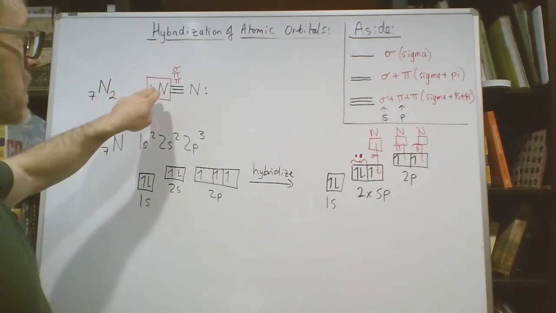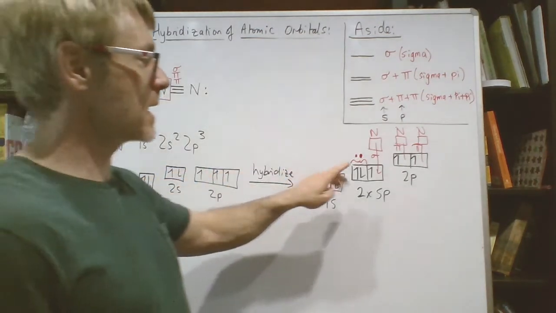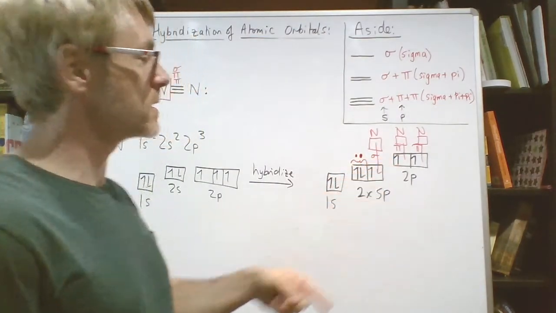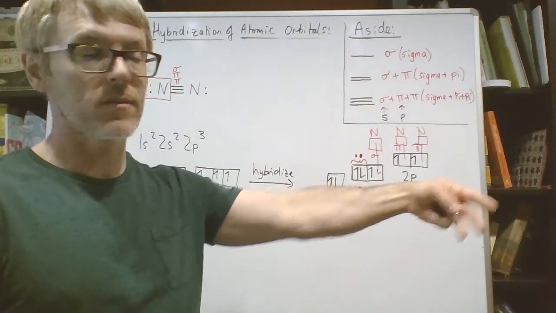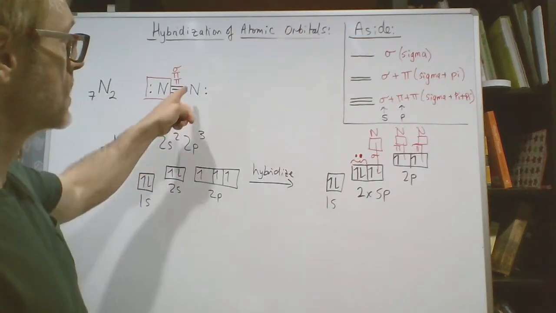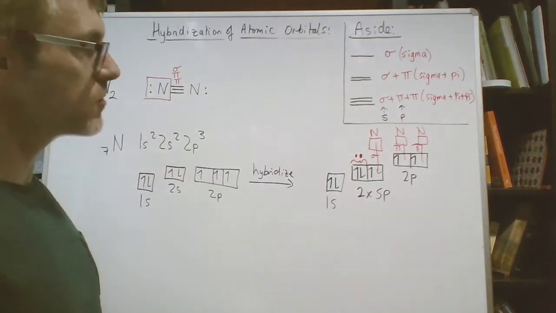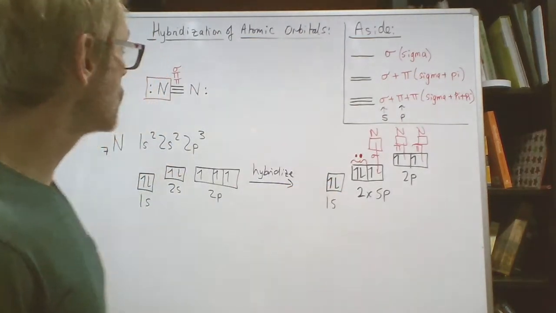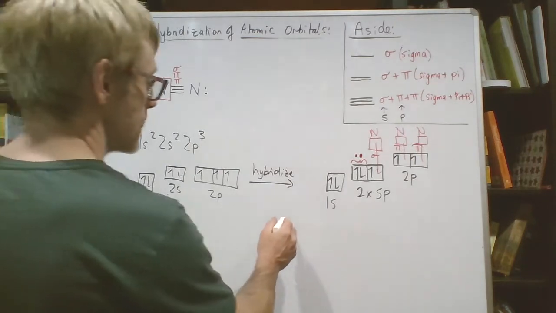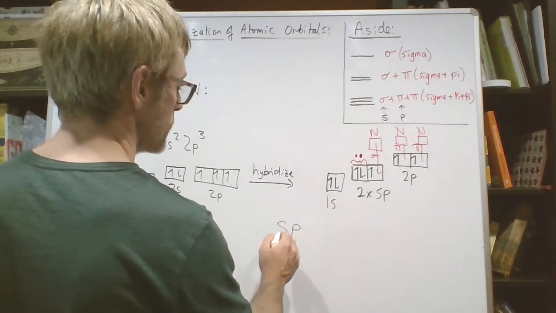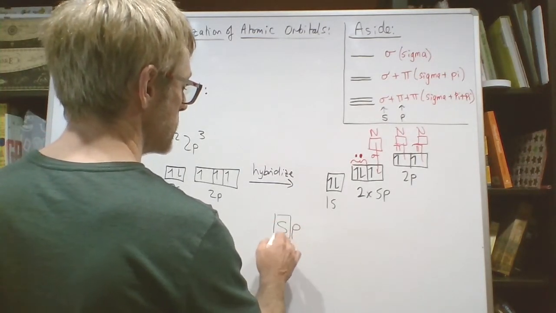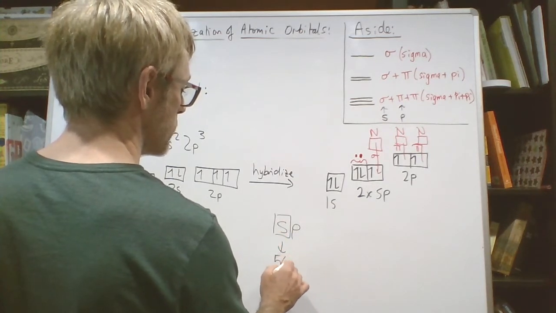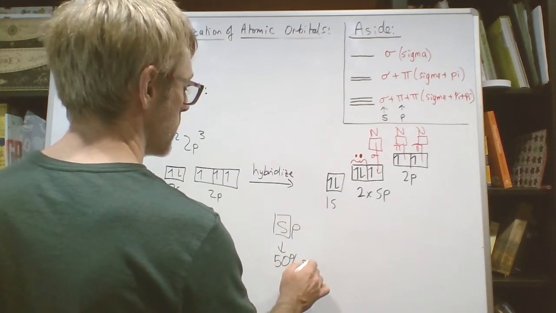So if I'm just looking at this nitrogen, it's capable of a sigma and two pi's with the other nitrogen, and then I'd have to repeat for the second nitrogen. So here we'd also have sp hybridization, and as we can see, it is 50% s character.